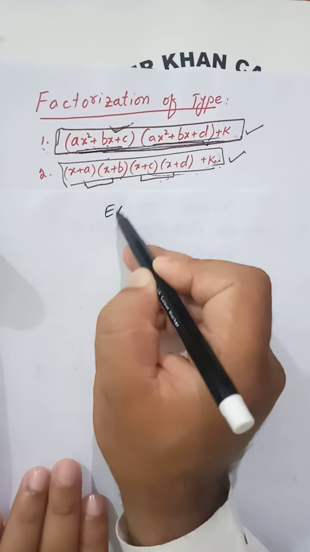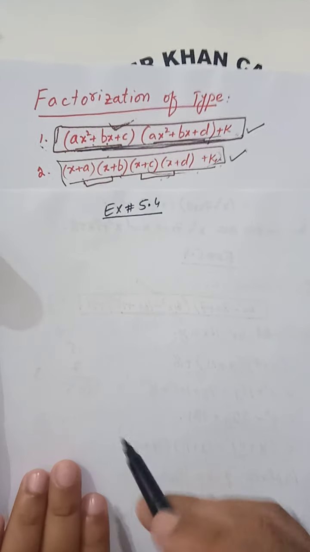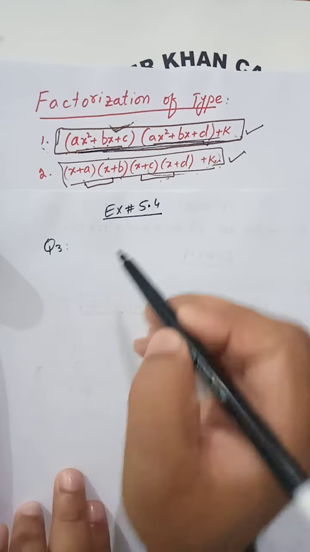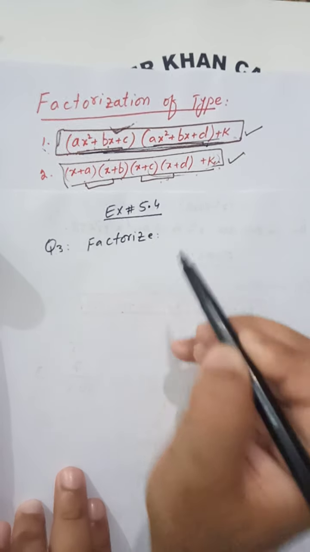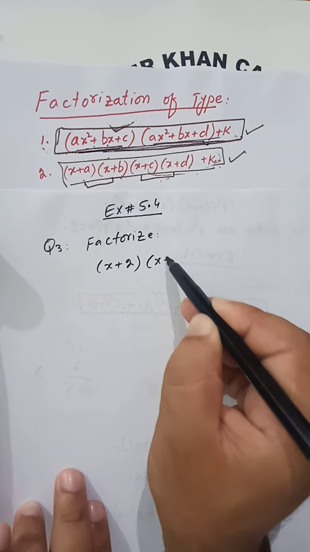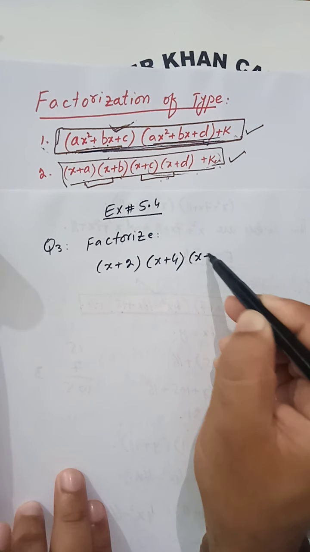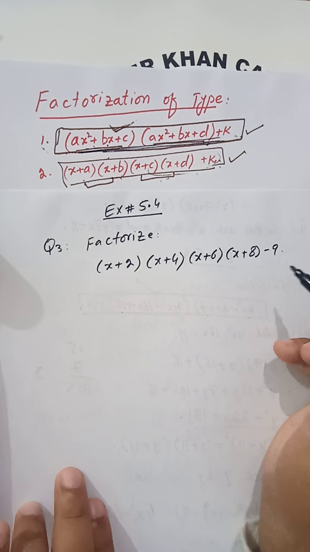The example is taken from the exercise, and that is exercise question number 3. You need to factorize x plus 2, x plus 4 multiplied by x plus 6, x plus 8, minus 9.